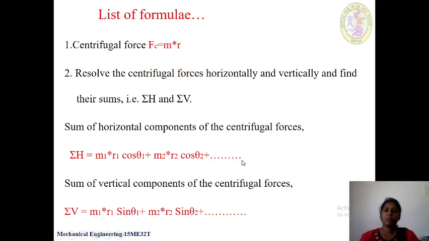If there are four masses in a system, we calculate up to m4 r4 cos theta 4. Sum of vertical components of the centrifugal forces, sigma V, is equal to m1 r1 sin theta 1 plus m2 r2 sin theta 2 plus m3 r3 sin theta 3 plus m4 r4 sin theta 4.